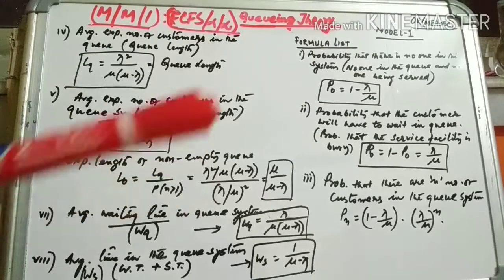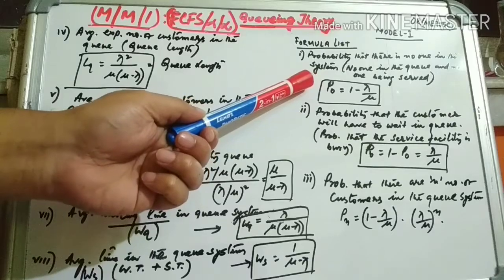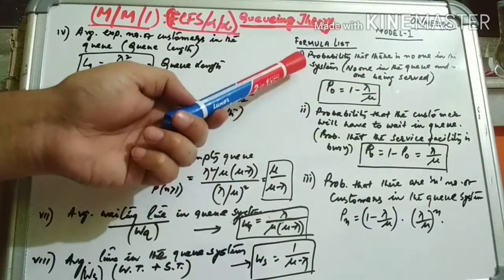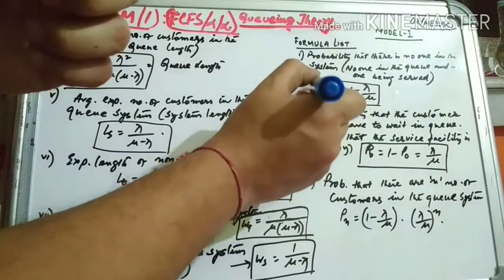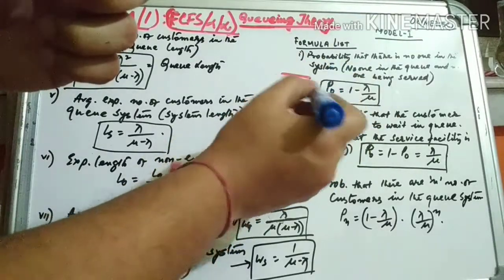The first one given here is the probability that there is no one in the system. Okay, so no one in the queue and no one being served. That probability we have to find. This is the most important one, and they are going to ask questions based on this formula in the GATE examinations also.